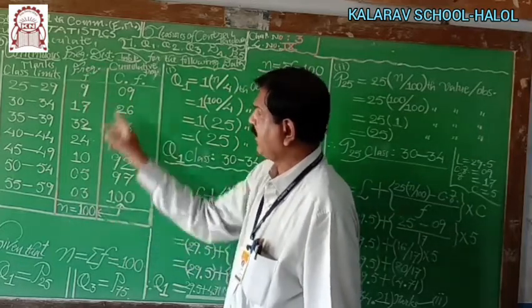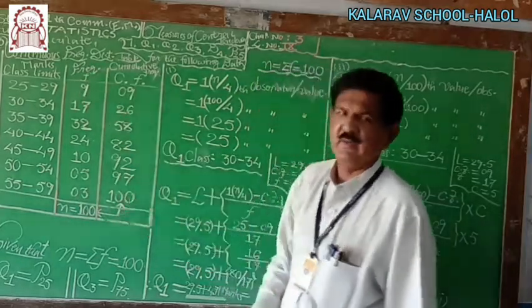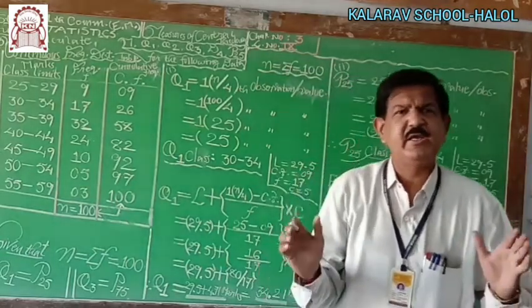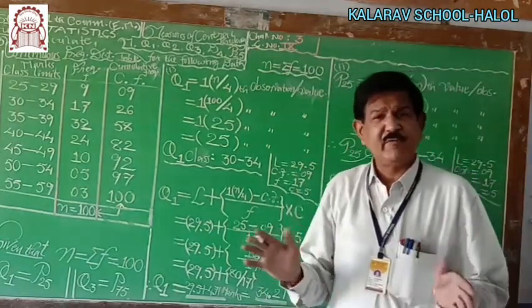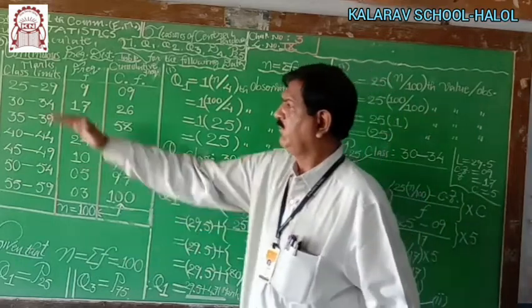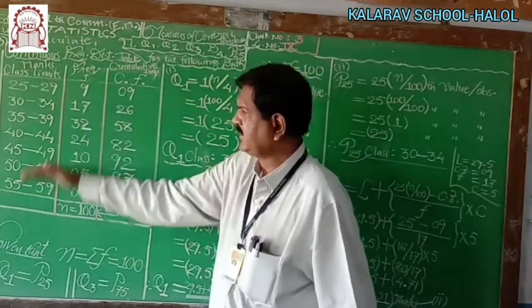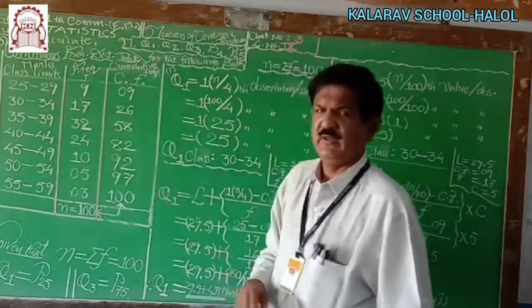Total frequency equals the last cumulative frequency. These are the necessary and sufficient columns.